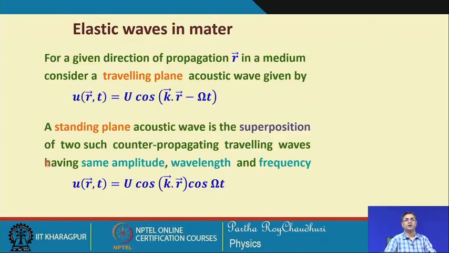So, a standing acoustic wave is the superposition of two such forward propagating and backward propagating acoustic waves of the same amplitude. Then we get a standing wave, which is also used to create a static type of deformation in the medium, used as a fixed, static grating.